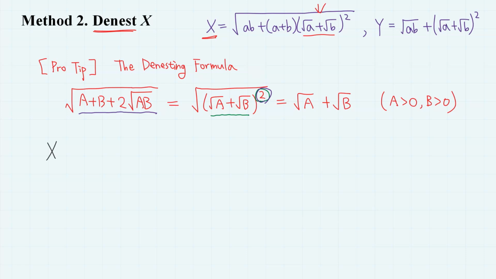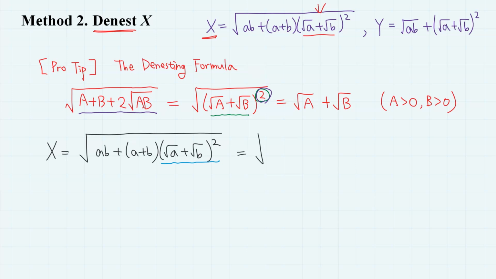So as for our x, first let's expand this square part. Then we have square root of ab plus (a plus b) times (a plus b plus 2 square root of ab).